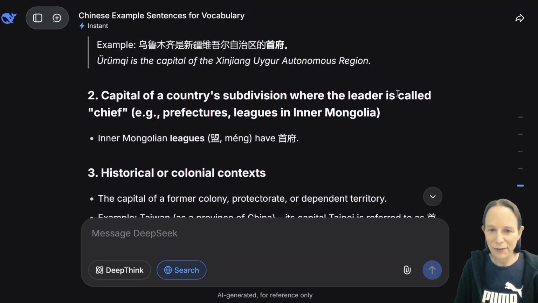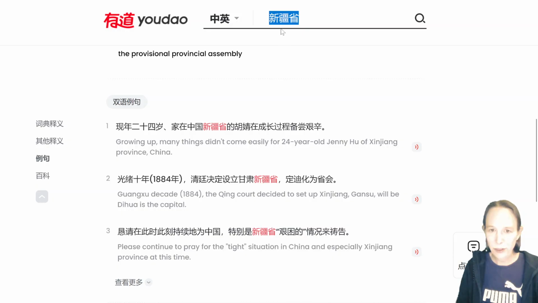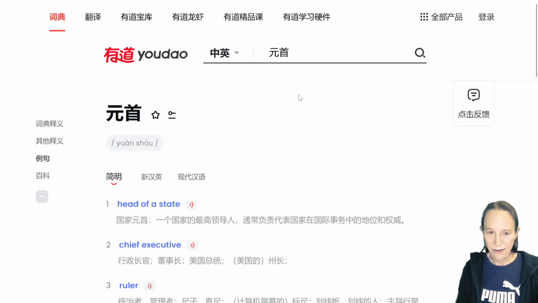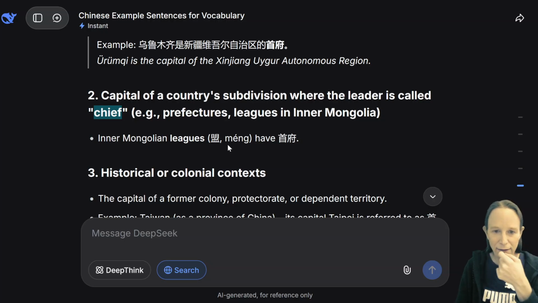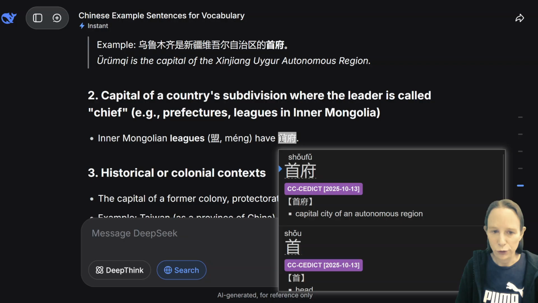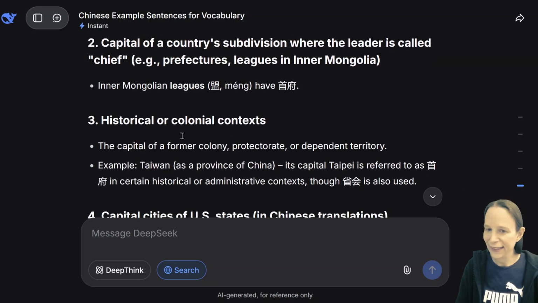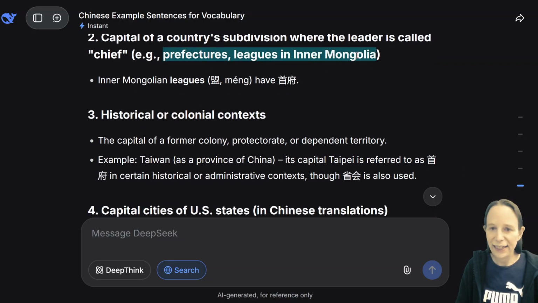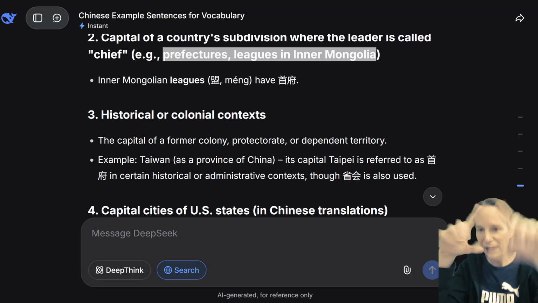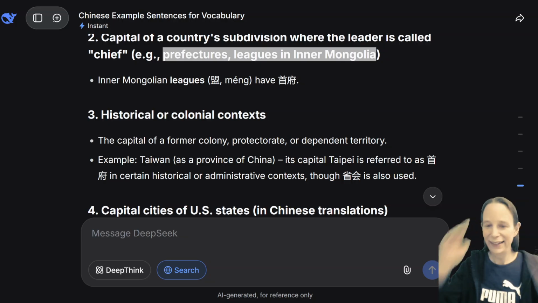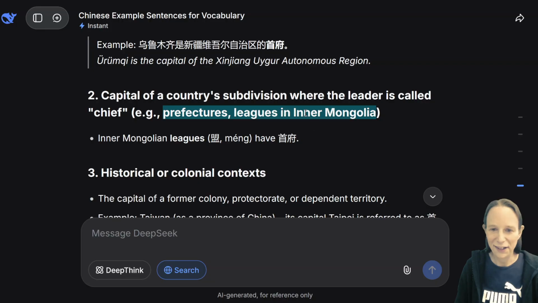All right. Capital of the country subdivided called chief. So chief is Yuanshou, right? This one? Maybe not. But Inner Mongolia, okay, Shoufu. Inner Mongolia leagues. I don't know what a league is. Prefectures, leagues of Inner Mongolia. Inner Mongolia is part of China. The capital of Inner Mongolia is Hohhot.